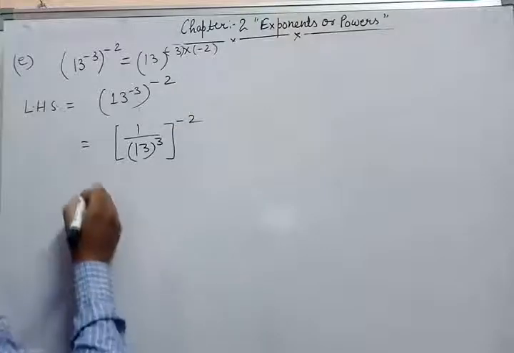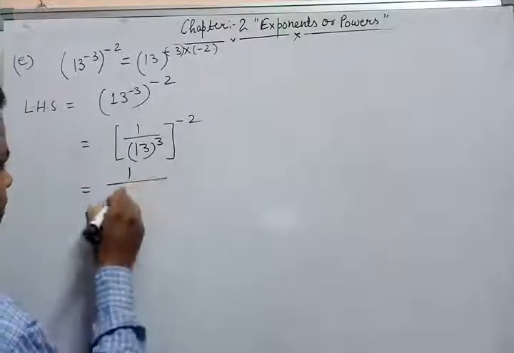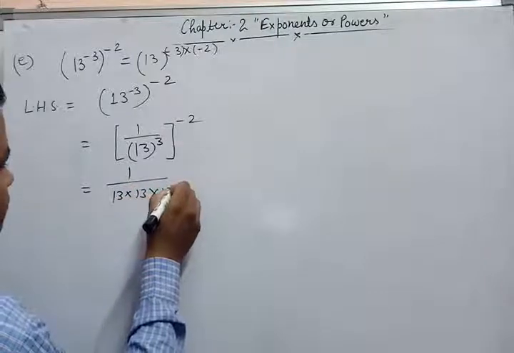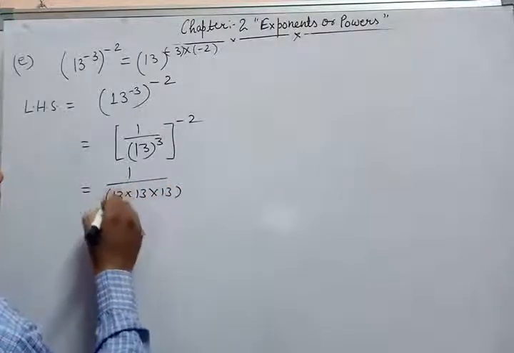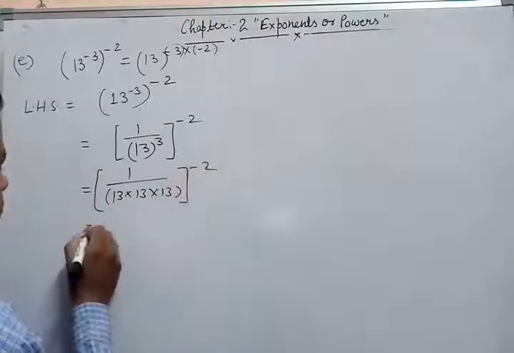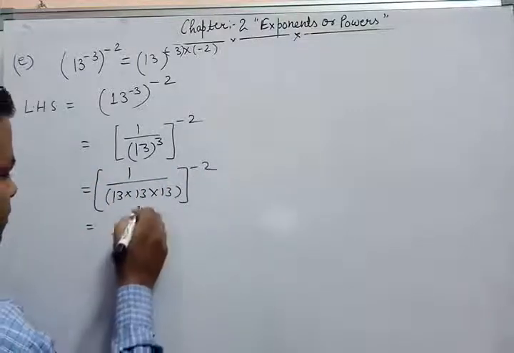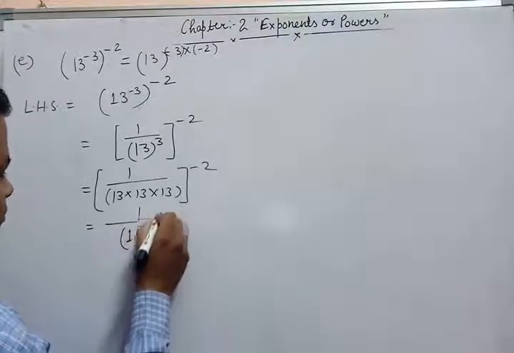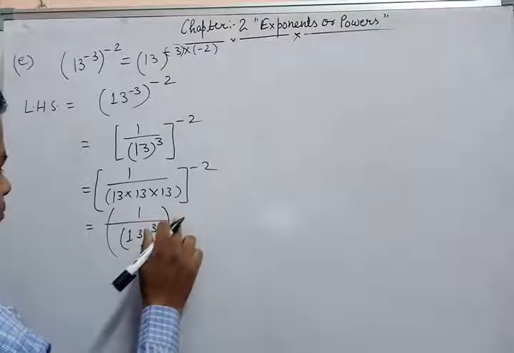So we can write 13 into 13 into 13 to the whole power minus 2. Now we can again write 13 to the power 3 to the whole power minus 2.